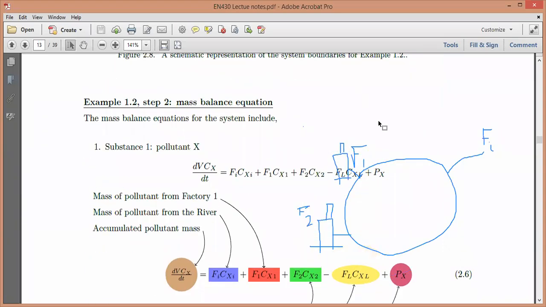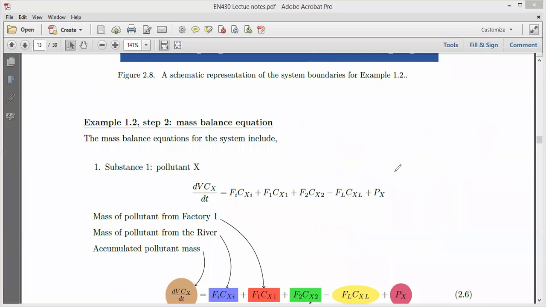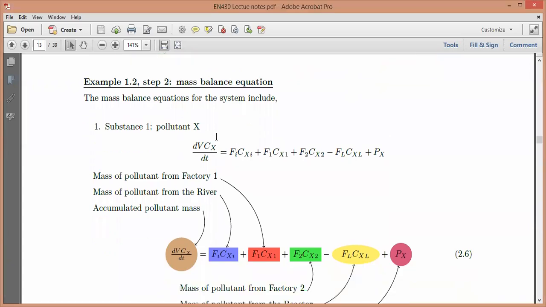Okay, so we look at the balance, we look at the equation now. Okay, so we look now here, what do we have? Mass balance equation. So for pollutant X, we had this formula earlier on. So d(Vc_X)/dt. So change in what? In volume multiplied by concentration over a change in time is giving us what?